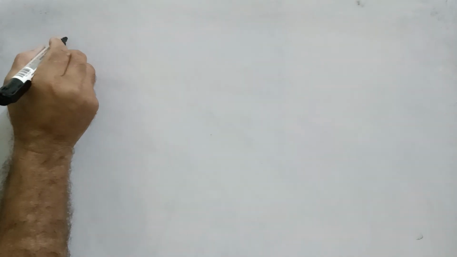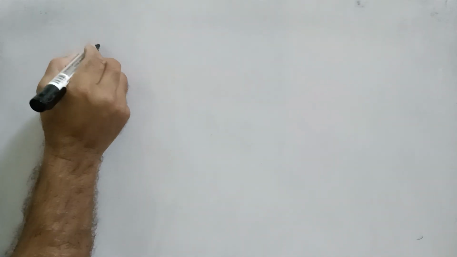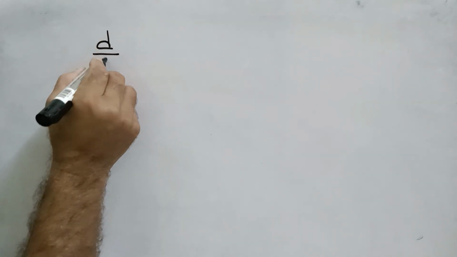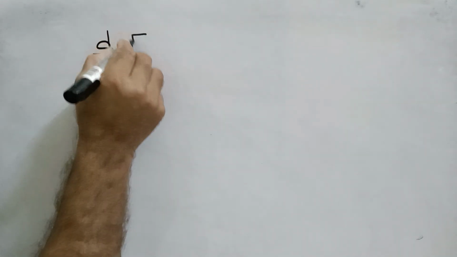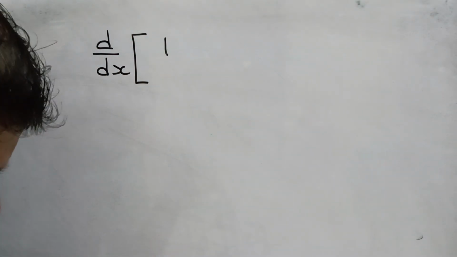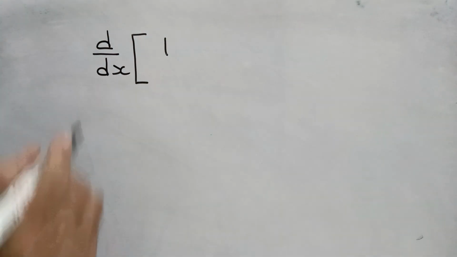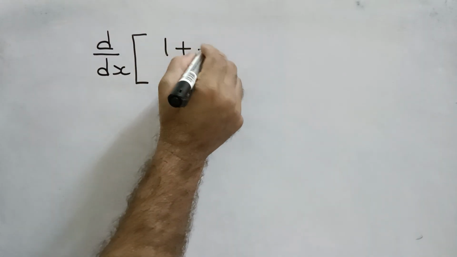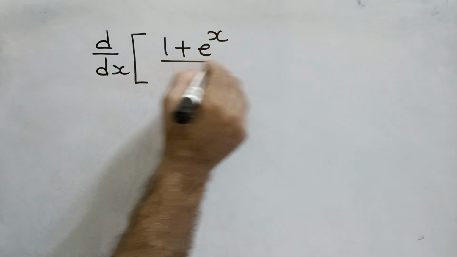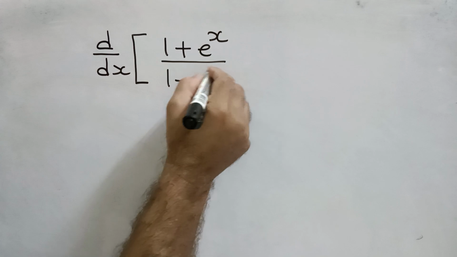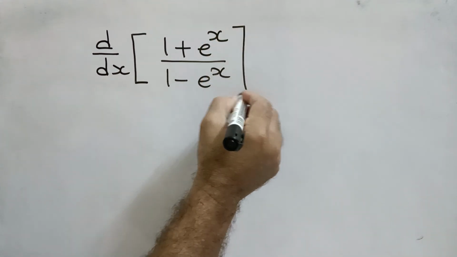Right. So now the solution is d by dx of (1 plus e power x) by (1 minus e power x). Clear? Any doubt in this?